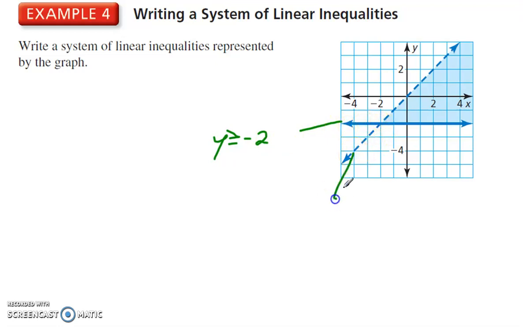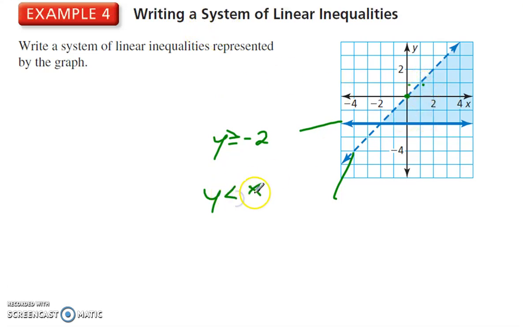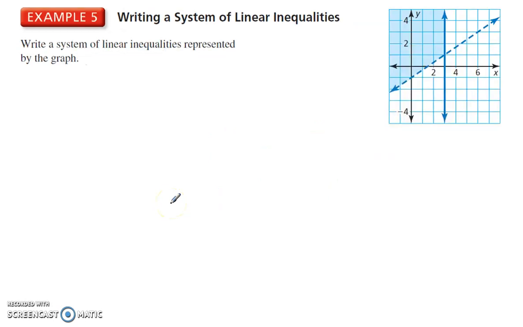This line here goes through 0 and up 1 over 1. So that's y is equal to x. However, it's a dotted line, and it's shaded below the line. So, not greater than, but it's shaded below, which means less than. And it's dotted, so no equals there. All right, there we go. Boom. System.